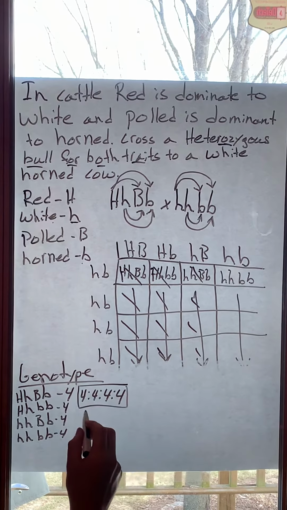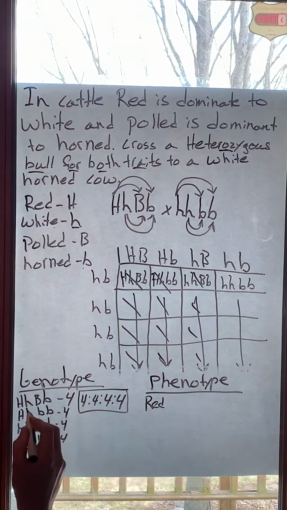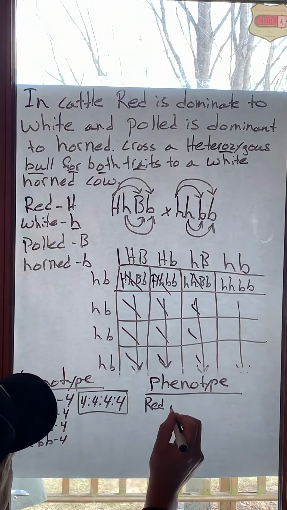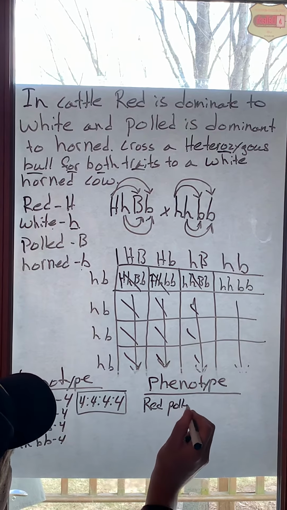Phenotype is what we can actually see. So we know a big H is red, and a big B is polled, and there's 4 of those. Big H is red, little b is horned.